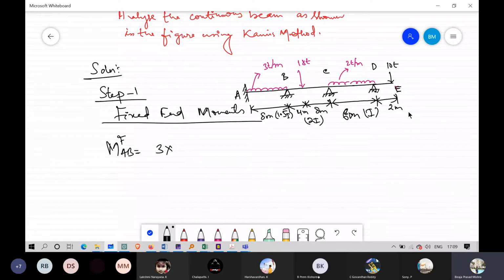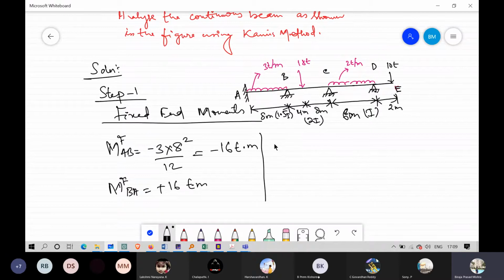So who can tell what is MFAB? MFAB equals WL square by 12, right? So 3 into 8 square divided by 12. So it is coming as minus 16 ton meter. Okay, similarly MFBA equals plus 16 ton meter.